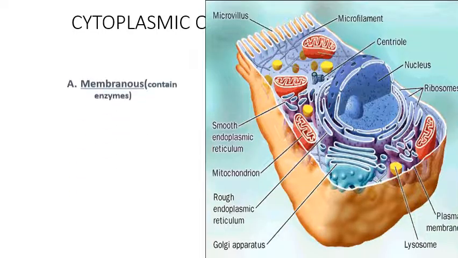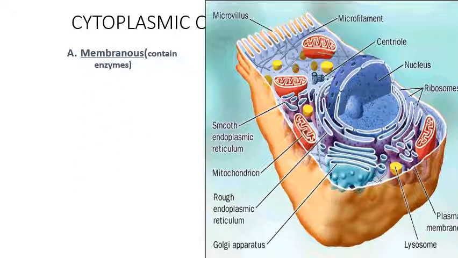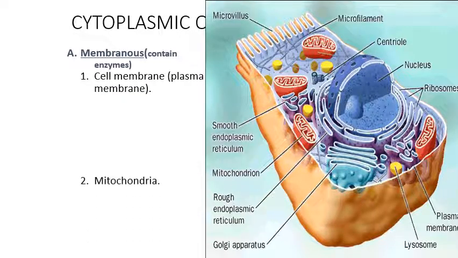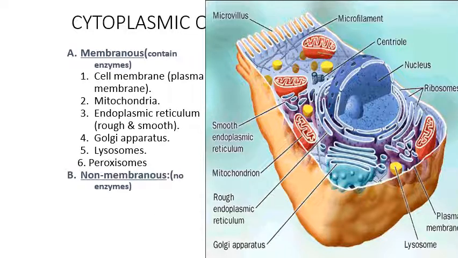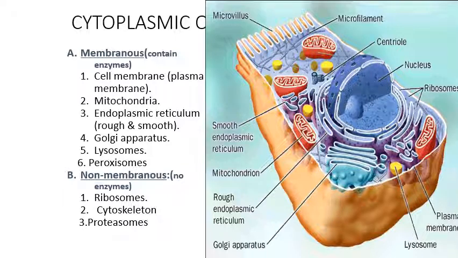The organelles are either membranous, surrounded by a membrane, such as the cell membrane, mitochondria, endoplasmic reticulum, rough and smooth, Golgi apparatus, lysosomes, peroxisomes; or non-membranous, not surrounded by a membrane, such as ribosomes and cytoskeleton, as well as proteasomes. This is a diagrammatic picture. You should differentiate between diagrammatic, LM and EM pictures.